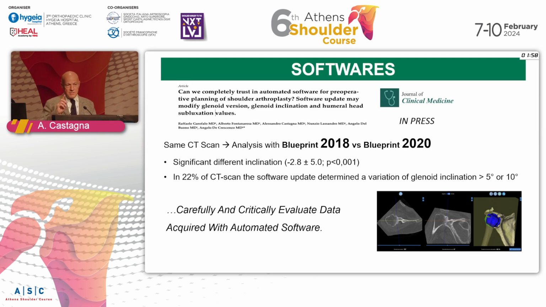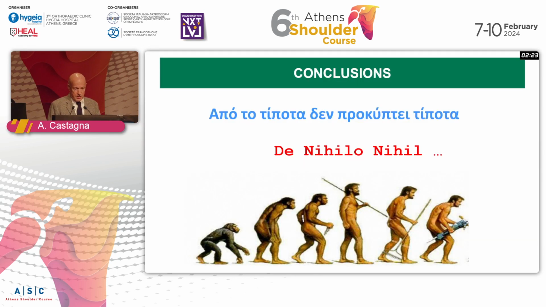This does not mean to me that we should not rely on the system, but we should not rely like blind people, because the machine is taking care of the numbers that we input. And sometimes we don't know exactly which numbers are correct, and they are changing and evolving along with the system design. And so we need to carefully and critically evaluate the data acquired with automatic software.